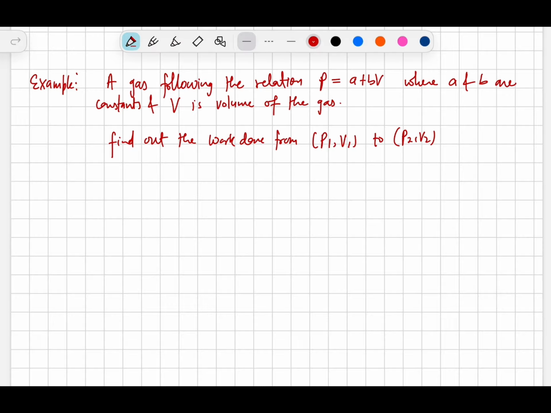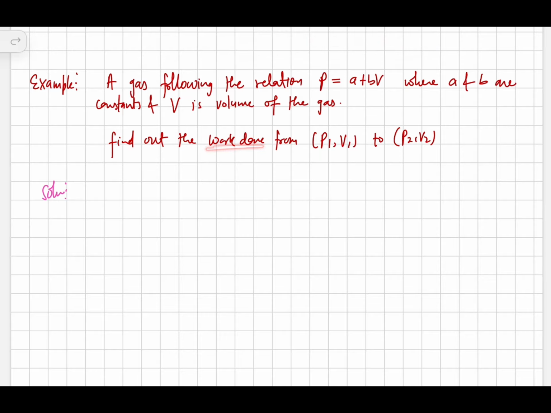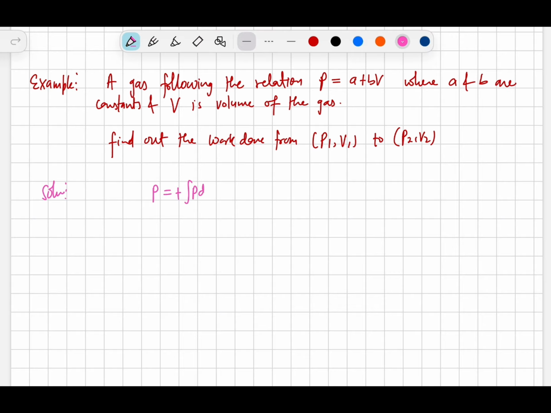Okay, fine. So how are you going to use this formula? Again, work done by the system, so you will use this formula, W equal to integral of PdV. Now you are given the relation, you are not allowed to use the equation of gas for an ideal gas, because whatever is given, P equal to A plus BV, you have to use that only.